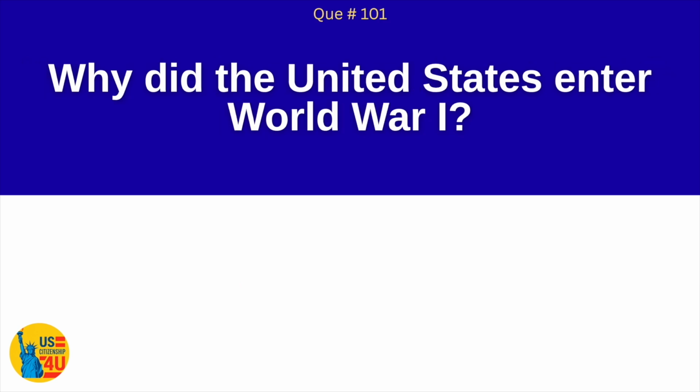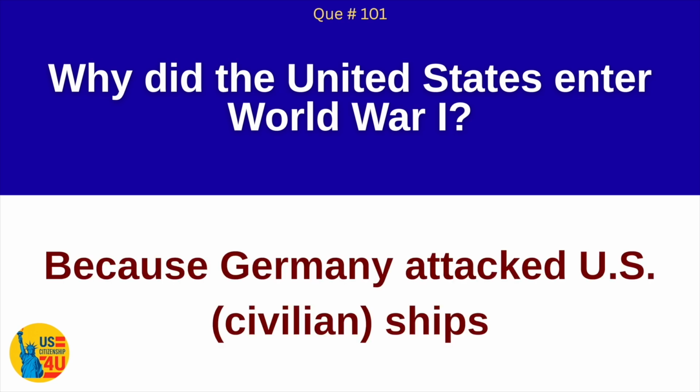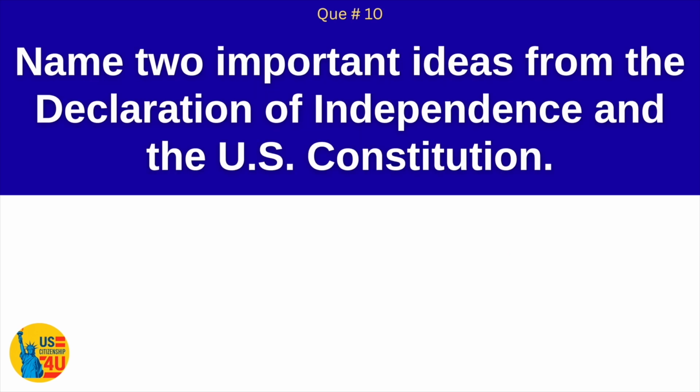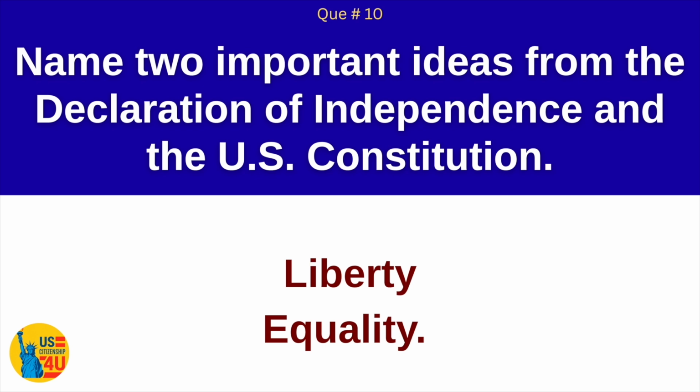Why did the United States enter World War I? Because Germany attacked U.S. civilian ships. Name 2 important ideas from the Declaration of Independence and the U.S. Constitution. Liberty. Equality.